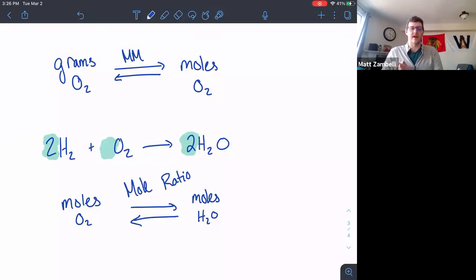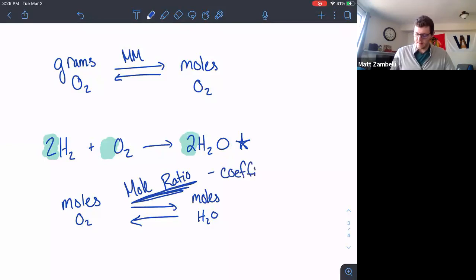So we're going to use our mole ratio to go from moles of one compound or element to moles of another compound or element. But we have to use that mole ratio from our balanced equation. And so remembering that our mole ratio are going to be those coefficients from the balanced equation.